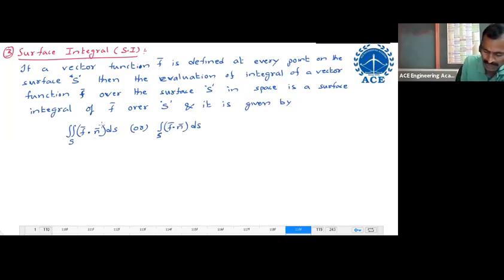Sometimes this will be written like this only, or double integral over S f bar dot ds bar, since ds bar equals n bar ds.